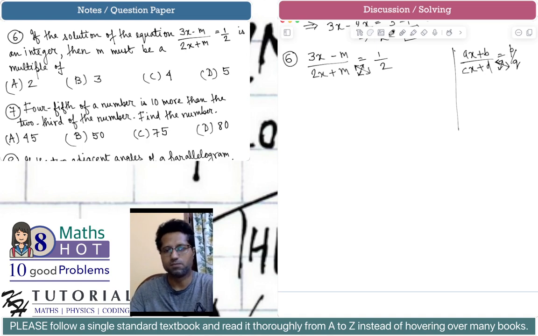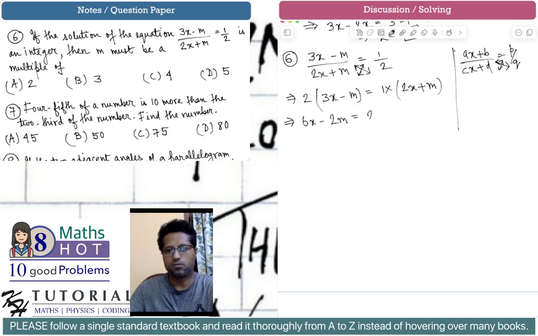So we will do cross multiplication and we get 2 multiplied by 3x minus m is equal to 1 multiplied by 2x plus m. If you do the products on both the sides and open up the brackets, we get 6x minus twice m is equal to twice x plus m.